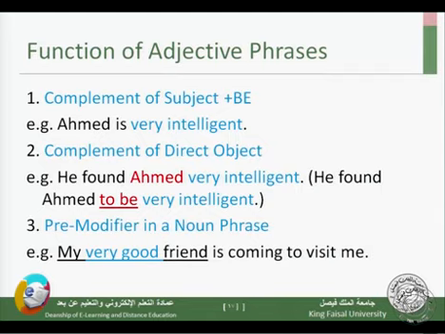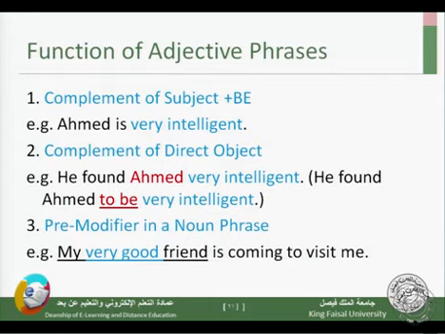So the first function of the adjective phrase is the complement of the subject plus the verb to be. Of course you know the verb to be by now, is, am, are, was, and were. And here it functions as the main verb of the sentence. So Ahmed is very intelligent.